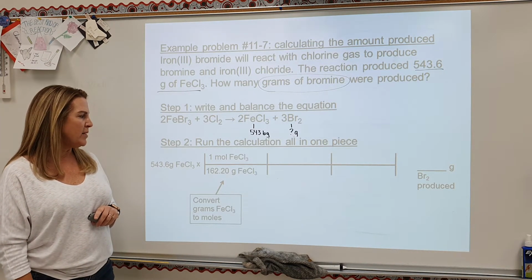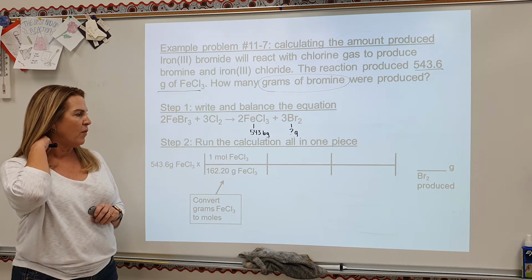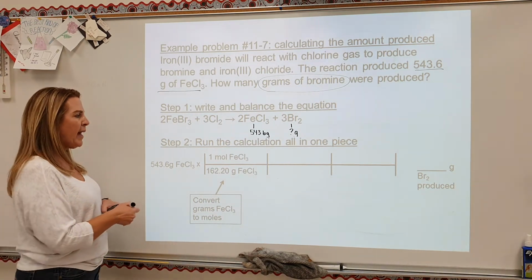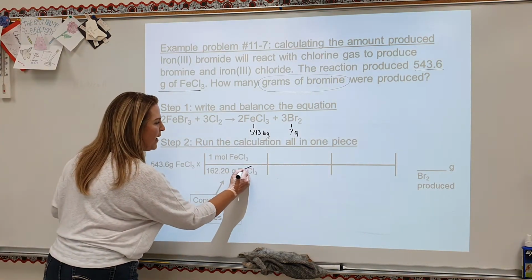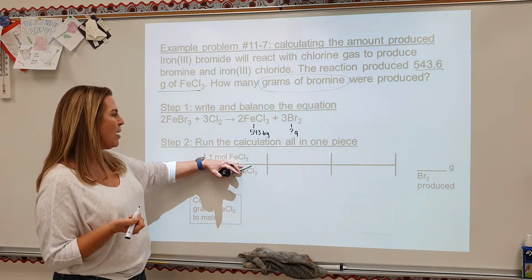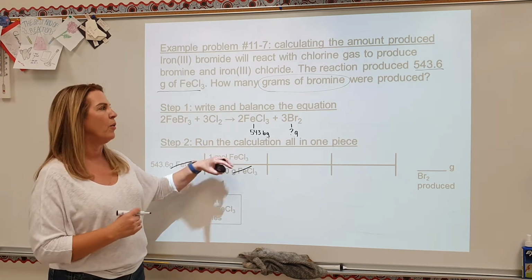And there's our molar mass. So we have 162.20 grams of FeCl3 for every 1 mole of FeCl3. If I stop right now, which I'm not going to, but if I did, my grams of FeCl3 is going to cancel. If I stop here, I'm in moles. So we're on our way. We're getting on the mole road, right?